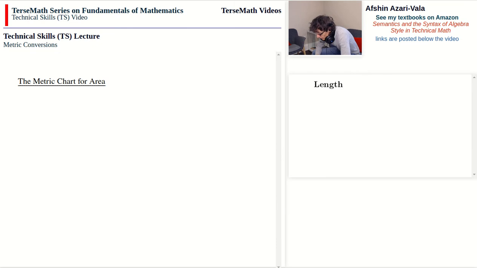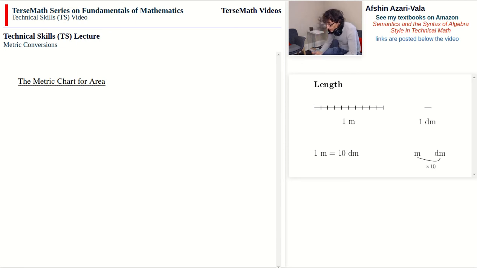So for length, we said that if we have a unit such as this one, which is 1 meter, let's say, and then we divide it into 10 parts and we get 1 decimeter, of course, we know that 1 meter is equal to 10 decimeters. And that means that going from meter to decimeter, we have to multiply by 10. Going back from decimeter to meter, we would divide by 10. So when it comes to length, a move on the chart corresponds to 1 movement of the decimal point.